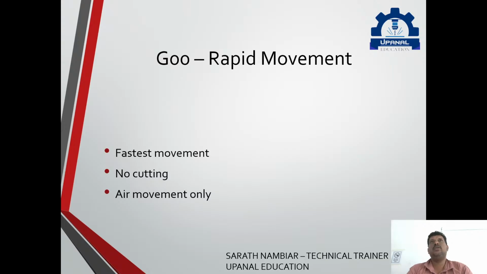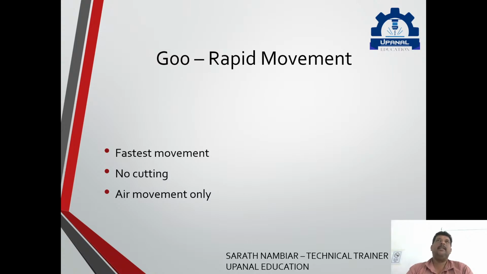We can also call G00 the enemy of the operator, because it won't take any cut and it will go very fast. If G00 doesn't go on full top, there are chances that your job may be rejected or your cutter may be broken. G00 is the fastest movement. It will be moving very, very fast.